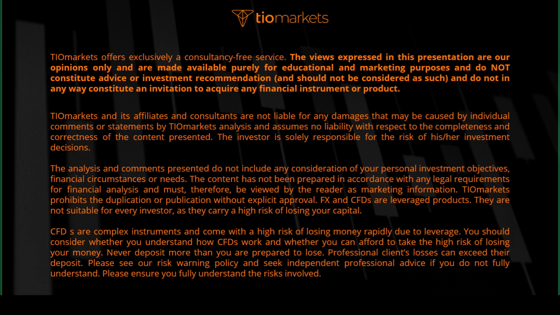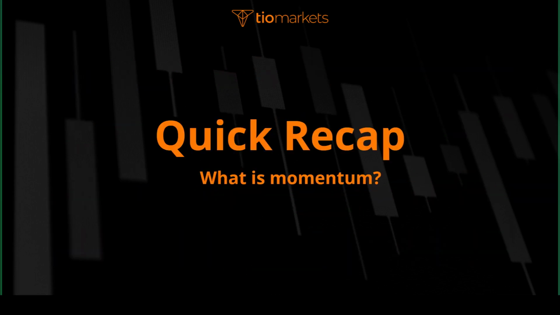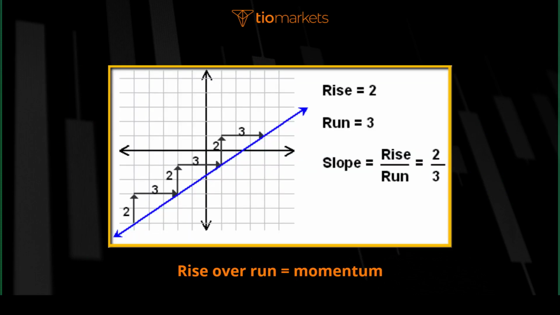Good. Okay. So, quick recap on momentum. The last time we talked about momentum as being the rise over run. This is how it's mathematically defined. So let's say that this is a market moving steadily higher. This is the slope of an uptrending market.